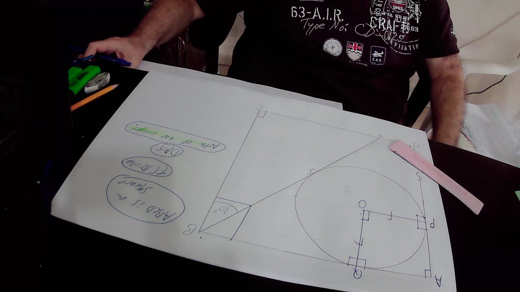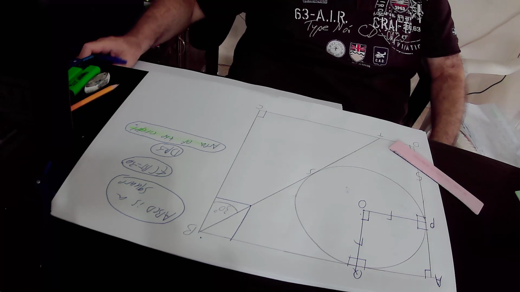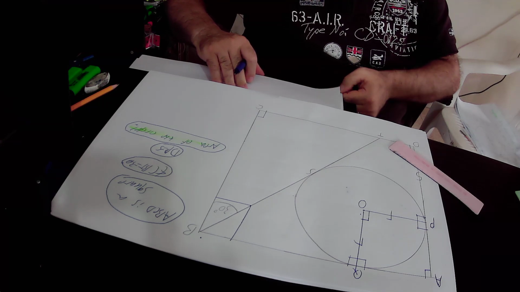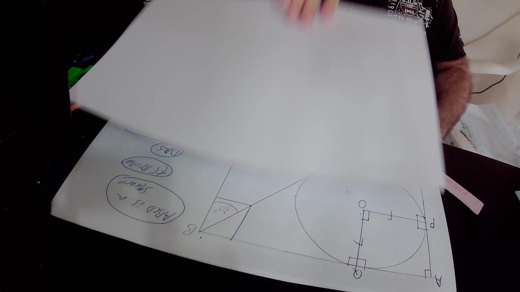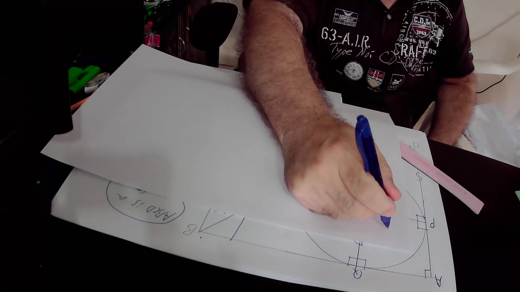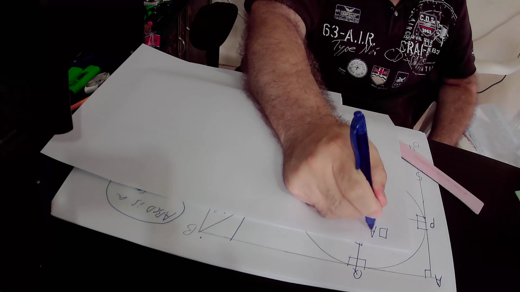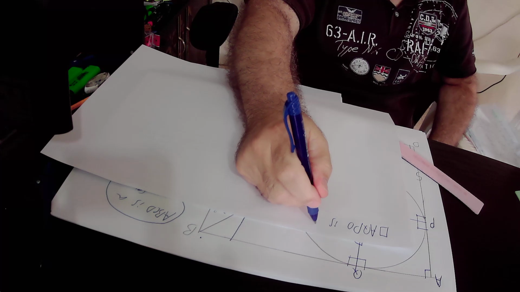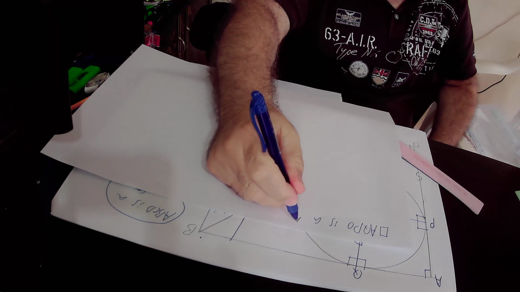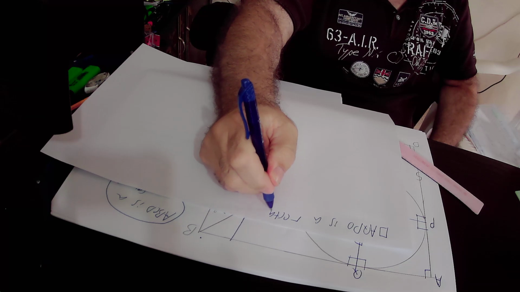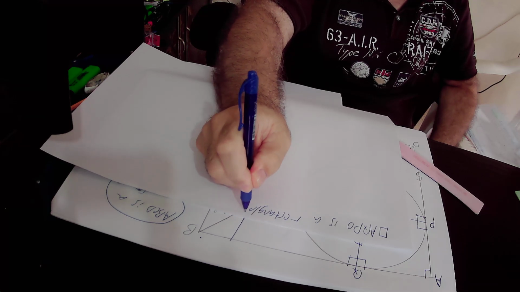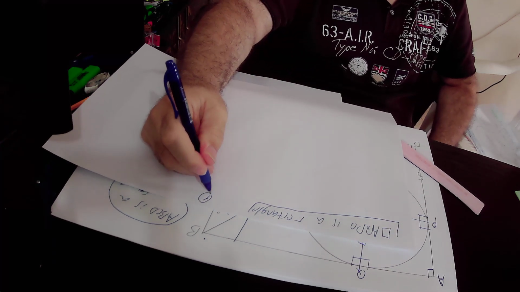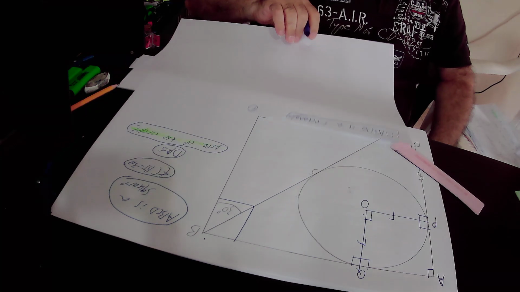Therefore, quadrilateral AQPO is a rectangle, because it has 4 right angles. But we also know that the opposite sides of a rectangle are equal to each other.